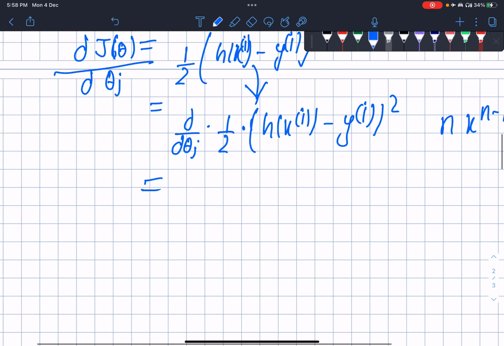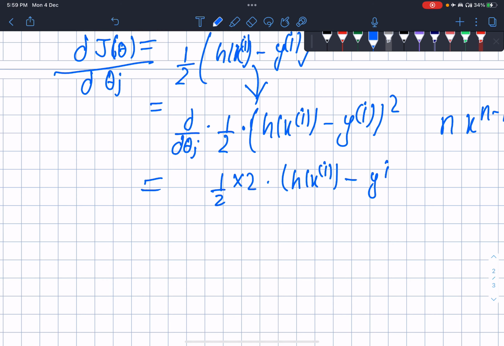How will you expand it? The 2 will come down, 1 by 2 into 2, times h of x of i minus y of i. The 2 and the 2 cancel each other.